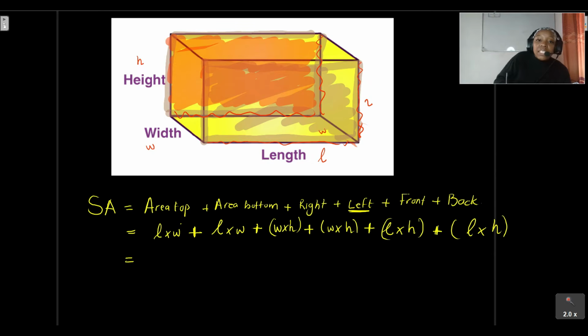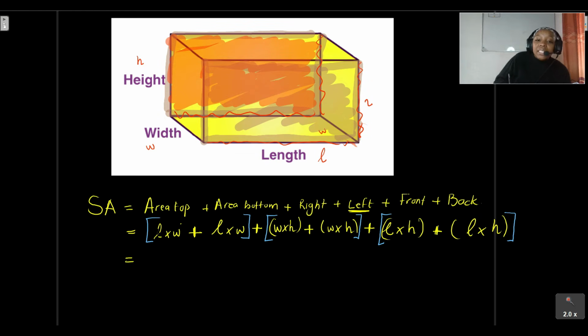So in actuality, we can see that the top and the bottom of our box share the same dimensions. The right and the left side of our box share the same dimensions. And the front and the back of our box share the same dimensions.